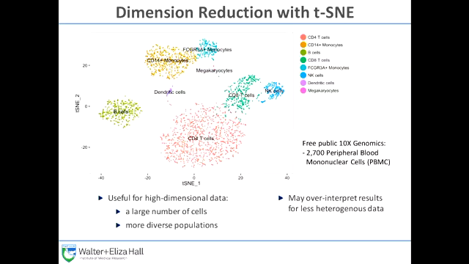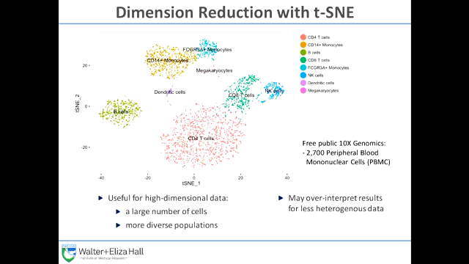But there are a few things to be aware of when doing TSNE, and especially when talking through these sorts of results with collaborators or other people. And one of the main issues with TSNE, apart from it being stochastic in the sense that if you run the algorithm again on the same data set, you'll get a slightly different picture.